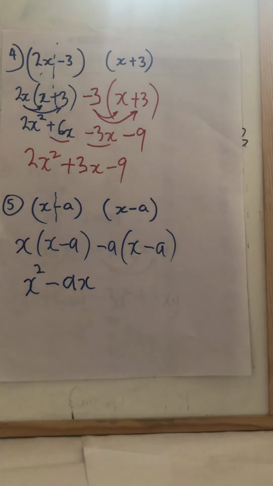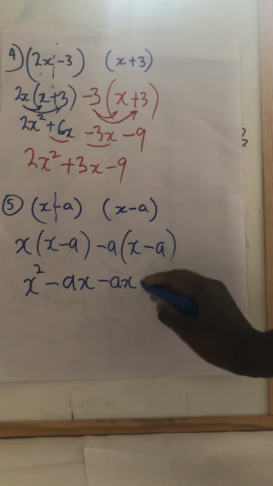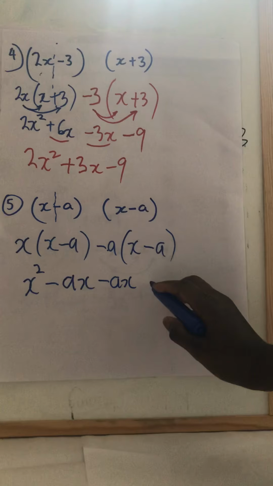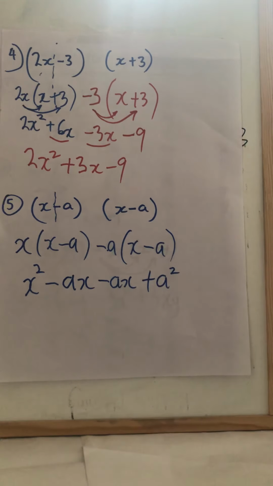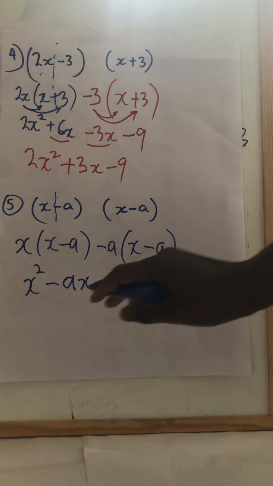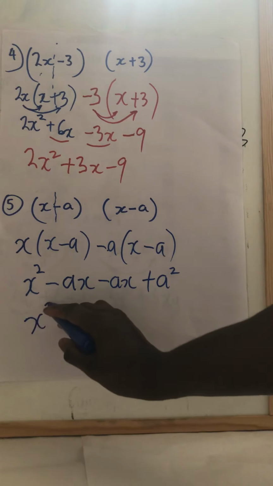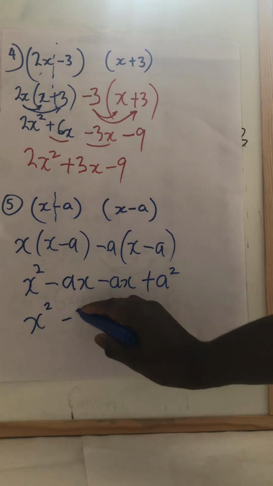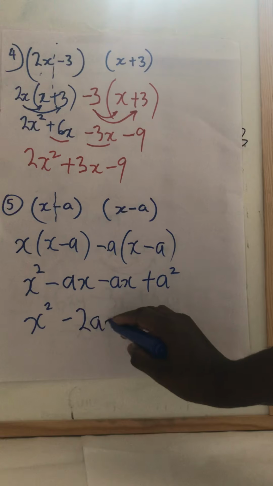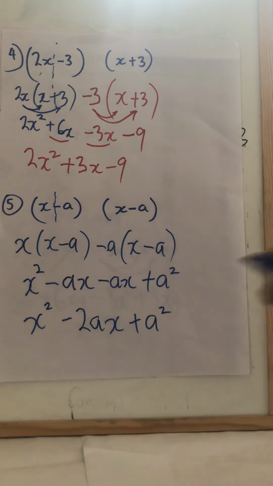Minus a times x, minus ax. Minus a times minus a will give me plus a squared. Collecting like terms here, I'm going to have x squared minus 2ax plus a squared.